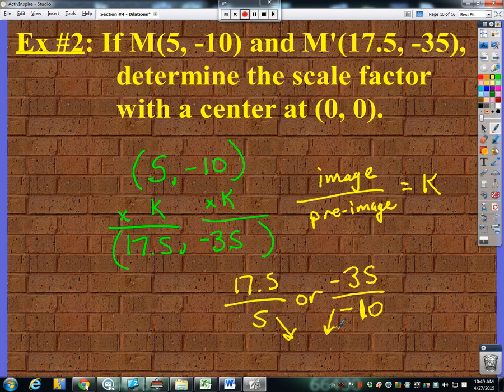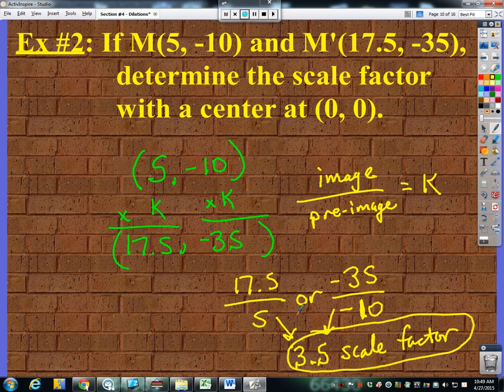And if they don't, then what that means is the center is not at 0, 0. So in both of these cases, I will get 3.5 as my scale factor. So things enlarged by 3.5 times their location.